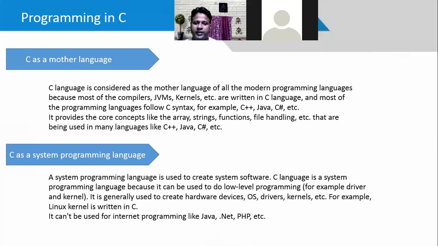And the Unix kernel can be written in it, and so can the syntax of other programming languages like C++, Java, and C Sharp. The C Sharp language is from the .NET framework, developed by Microsoft, whose owner is Bill Gates.